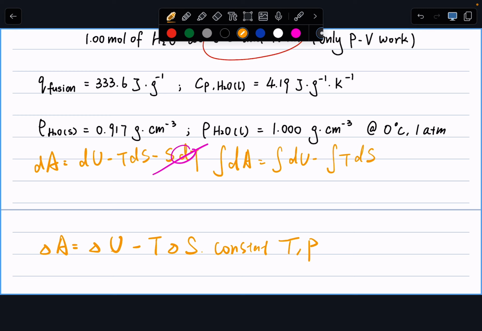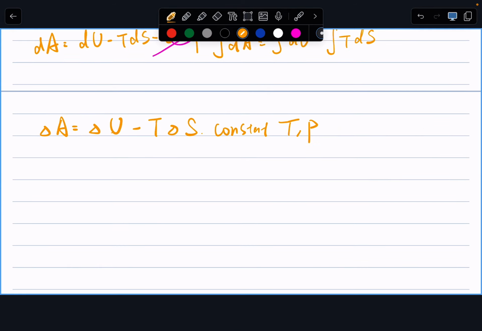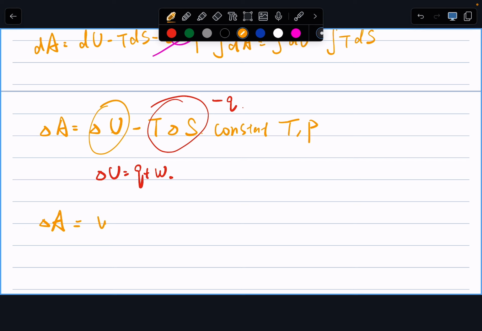All right. And well, what else do we know? We also have our first law of thermodynamics in this closed system. So we have delta U equals Q plus W. And in this case, my negative T delta S term, you can do the derivation, but that's just negative Q. Or taking together, my delta A for this process is just the reversible work, which is negative PdV.